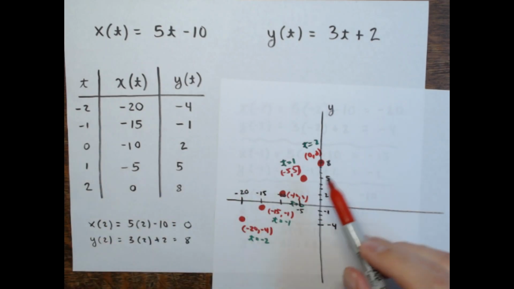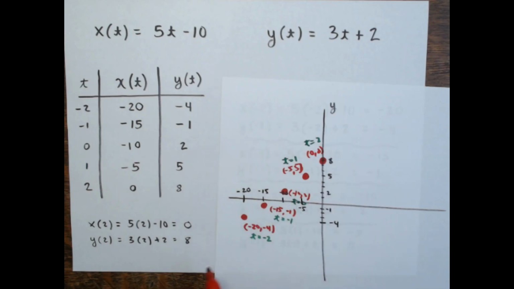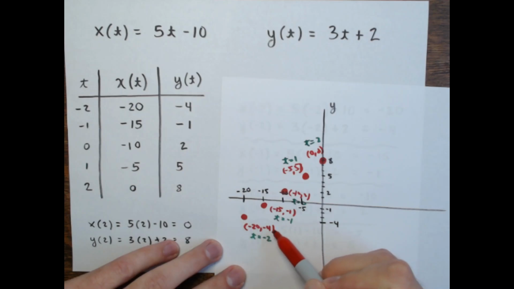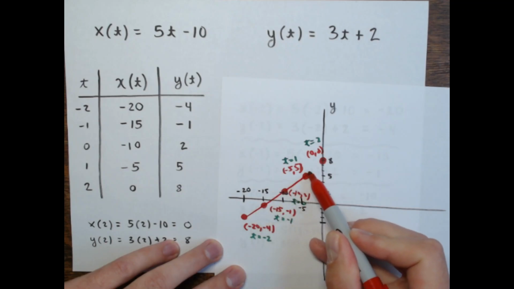And based on the pattern formed here, like with most graphs, find a pattern, and then you can fill the rest in. So it looks like what's happening as the value of t increases, our location is going from here to there, right?